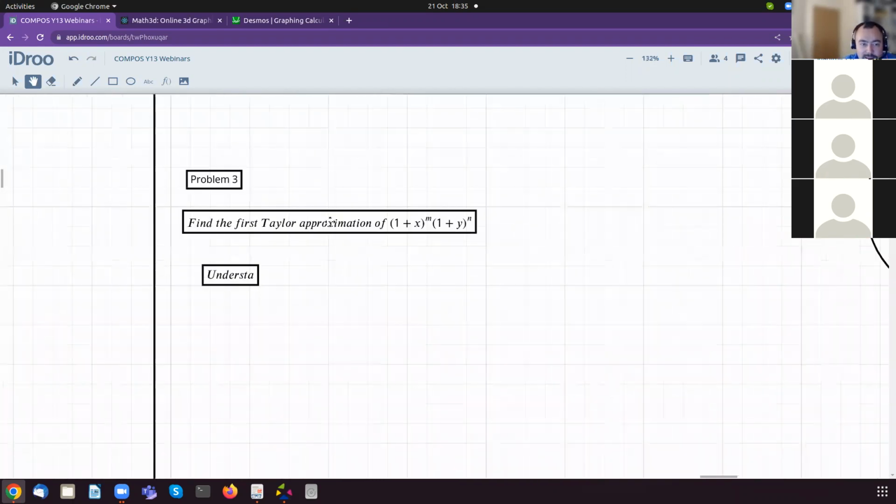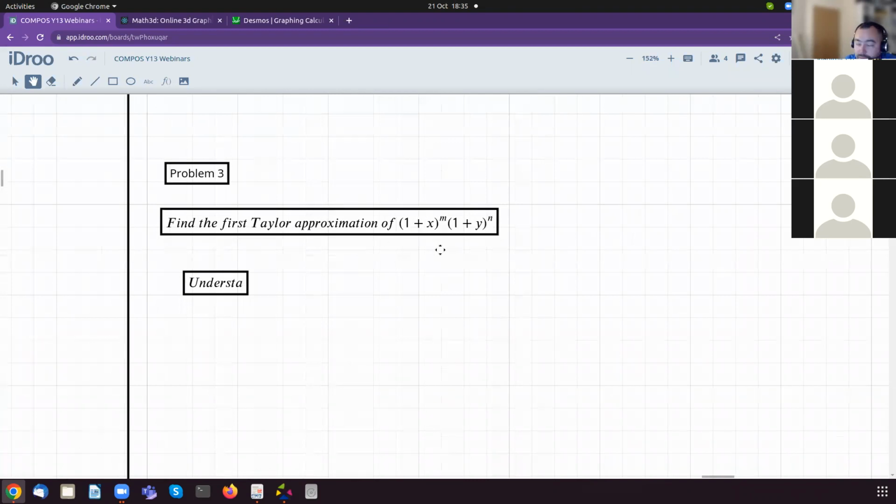The two-dimensional version of the Taylor approximation also works. It's just a little bit more complicated.